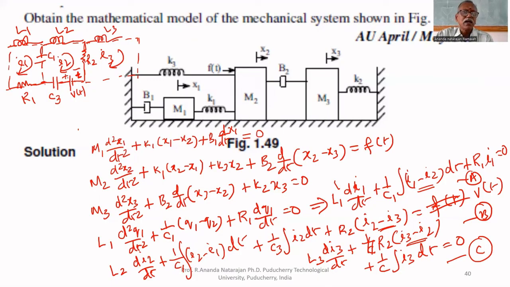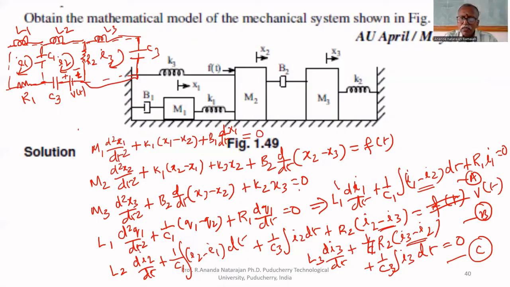R2 is already drawn, and 1/C2 is in this loop only, so we can draw C2 here. That's all. This is the force-voltage analogy.